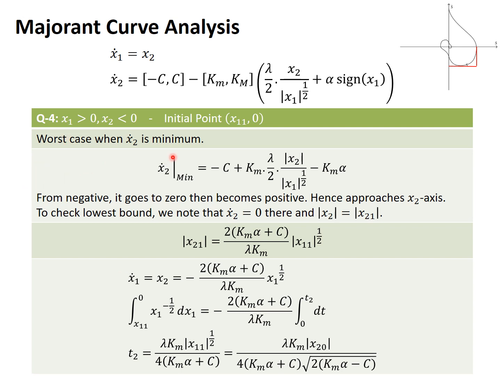Next, now we have arrived at quadrant 4, we have to see if we are going to quadrant 3 or not. So, here you see what we will analyze. Now, the initial point is x1 0.